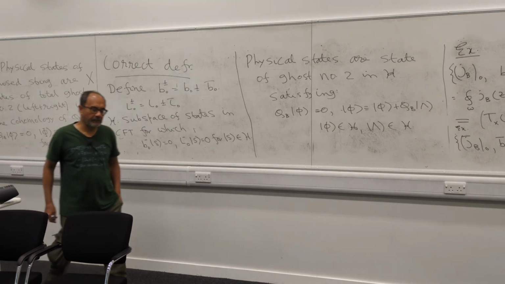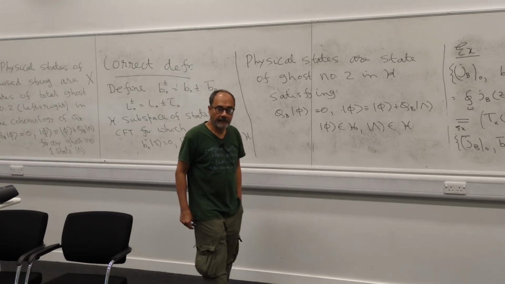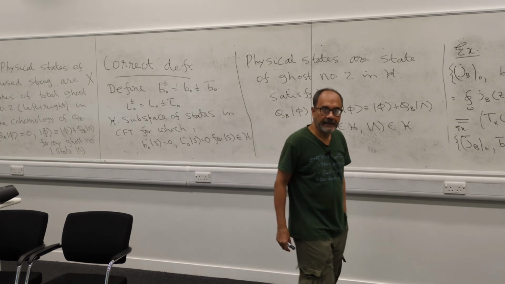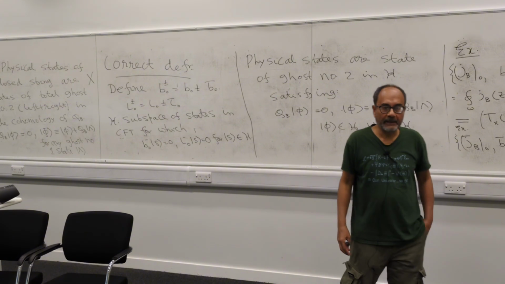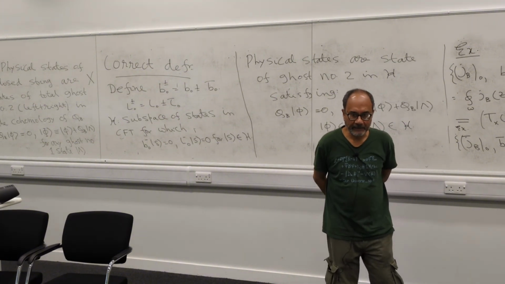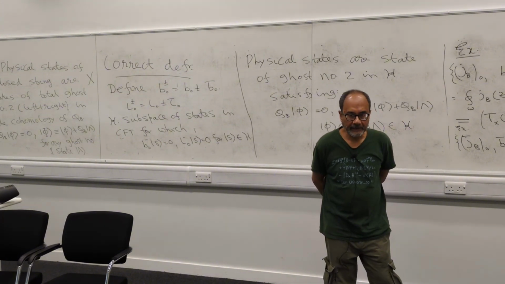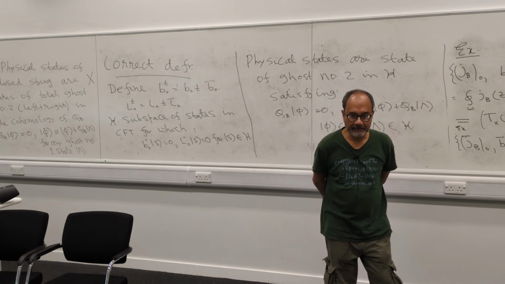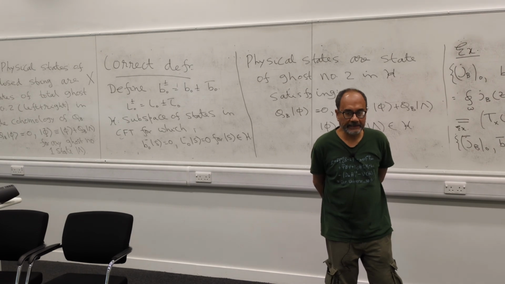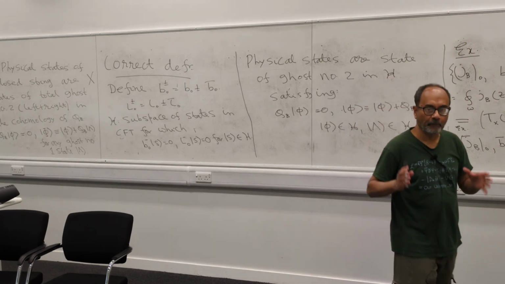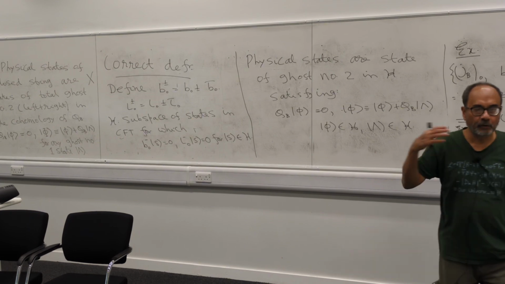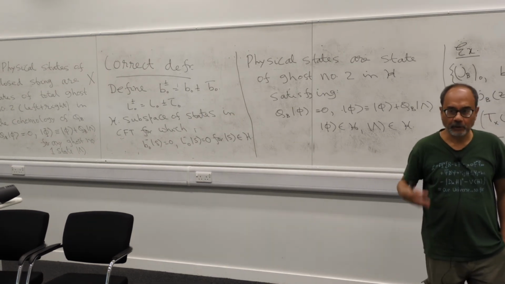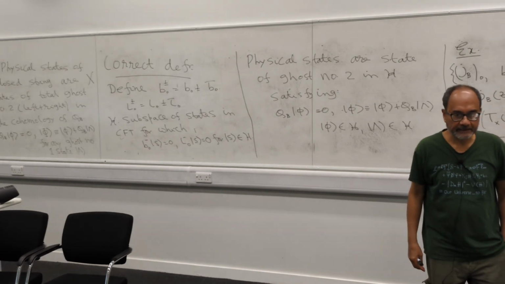On the plane, for the correlation function to be non-zero, we need ghost number 6, which means that only the 3-point correlation function will be non-zero. Once you have a 4-point correlation function, you have ghost number 8, because each carries ghost number 2. But we will see that the procedure for computing the 4-point correlation function will automatically introduce some b's, so the ghost number always turns out to be 6.